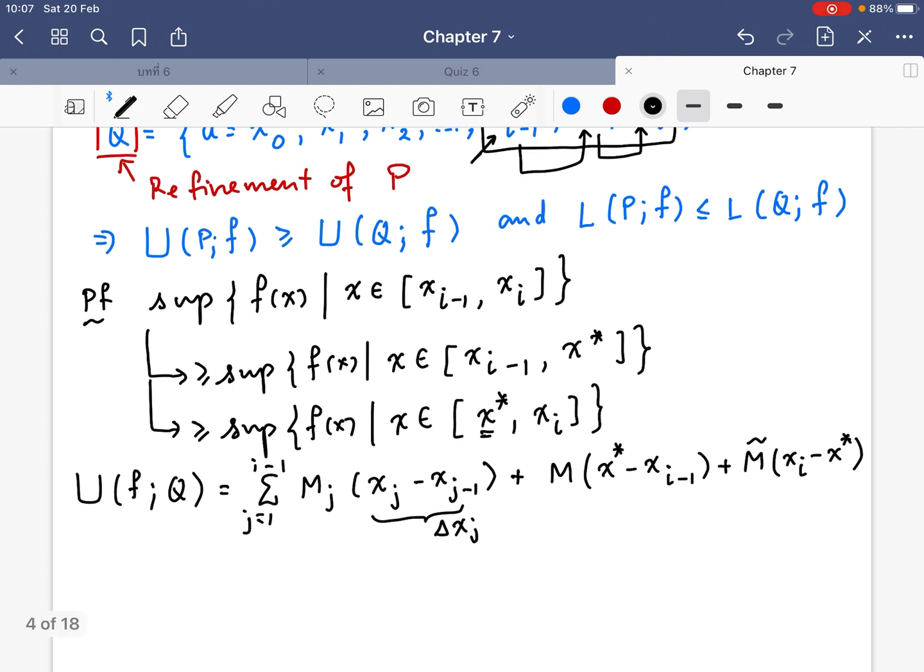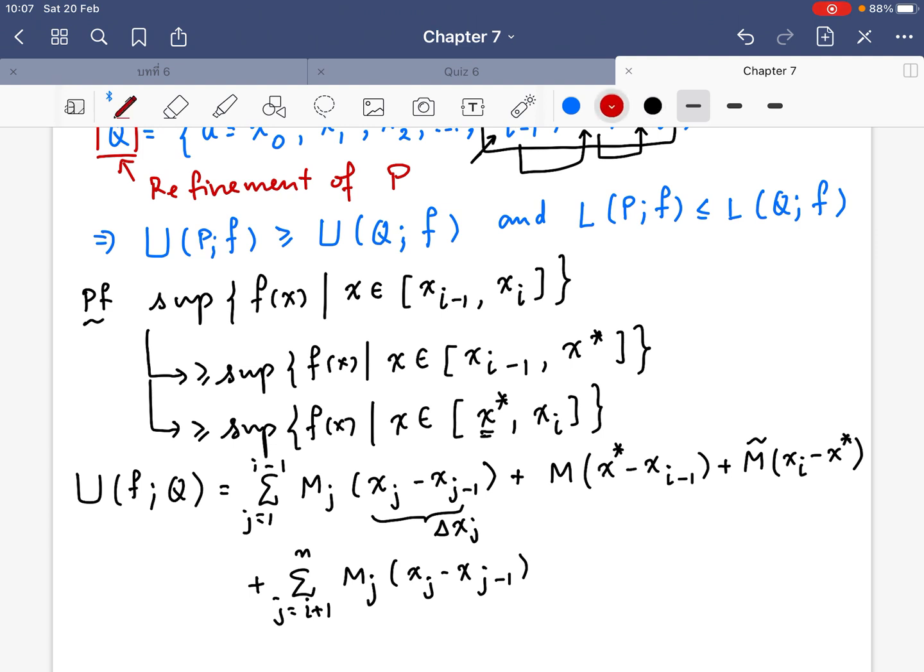Then you just add the rest, from i plus 1 to the last one, n, with the same supremum times xj minus x(j-1).